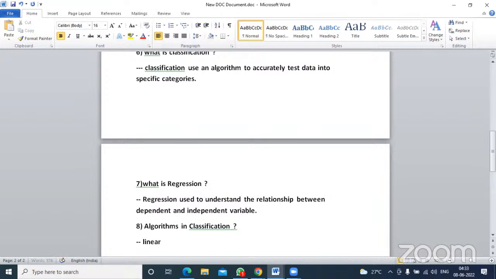There is one more, that is linear classifier. Then there is SVM. SVM is nothing but support vector machine.